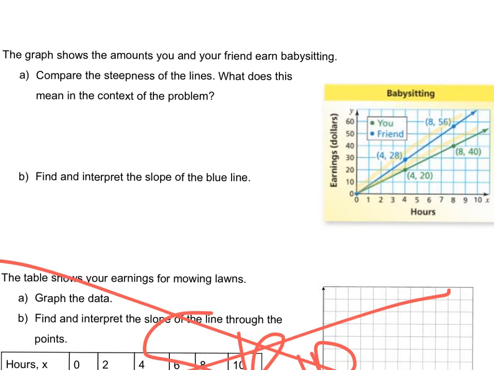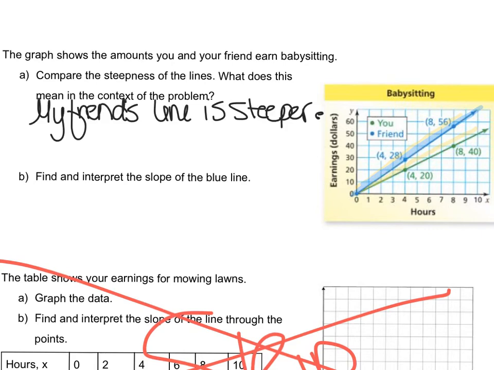But if you look very carefully, this blue line here, your friend's line, is much harder to bicycle up. So you could say your friend's line is steeper. But think about what that means. Okay, if you thought about it, you should see that your friend makes more money.